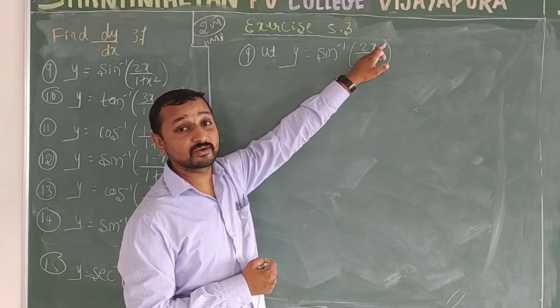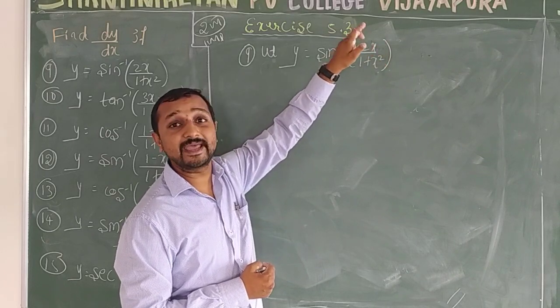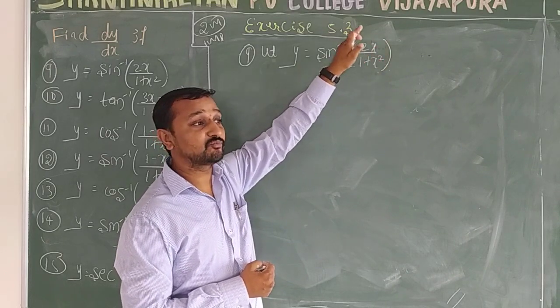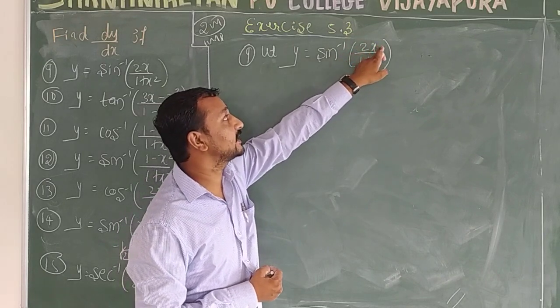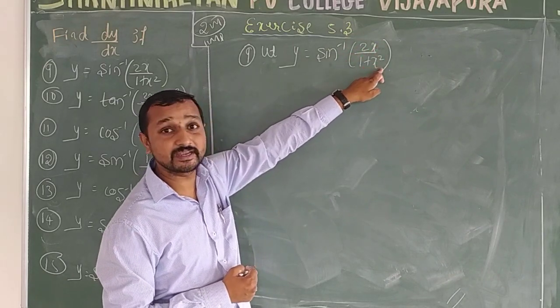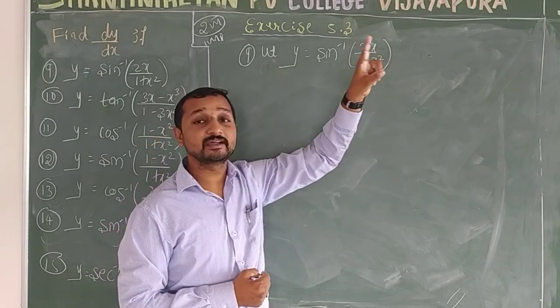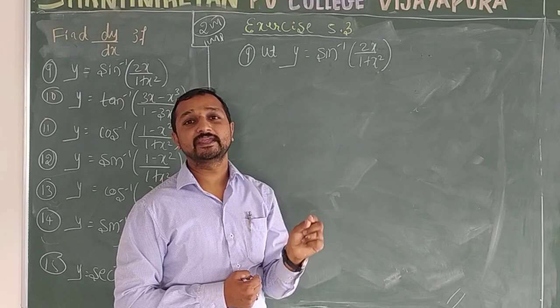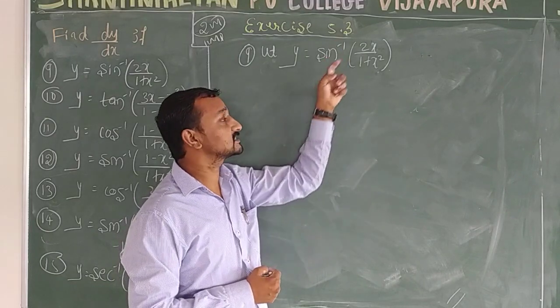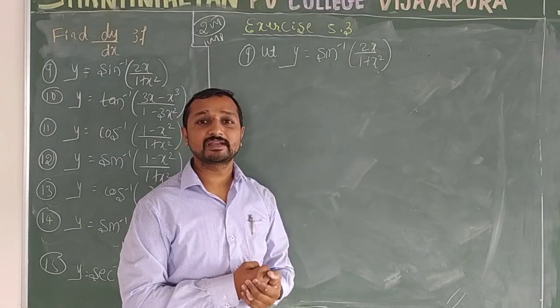Here, instead of x, put x equal to tan theta. If you put x equal to tan theta, this expression becomes 2 tan theta divided by 1 plus tan square theta, which is the formula for sin 2 theta. Is that clear? So sin inverse and sin get cancelled, and theta will be your answer.